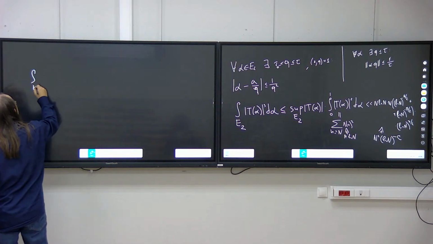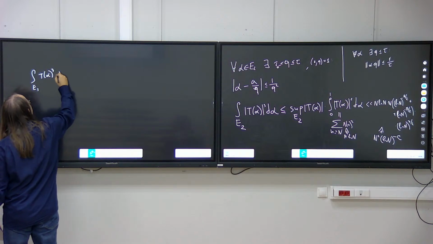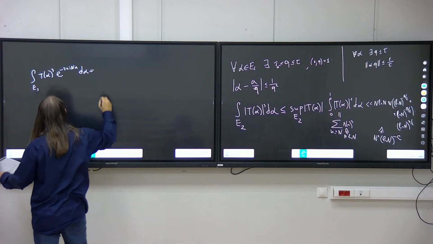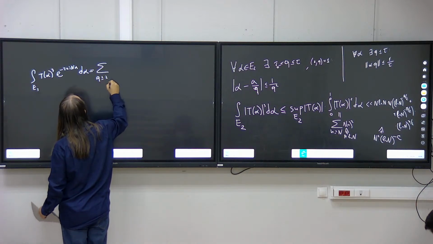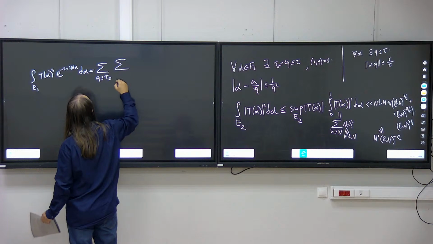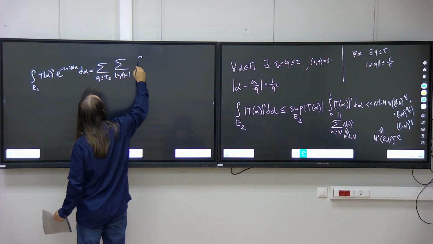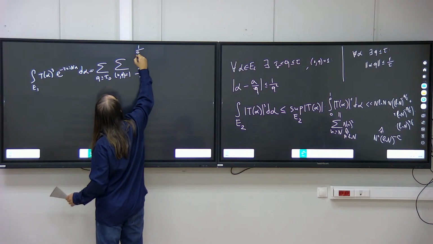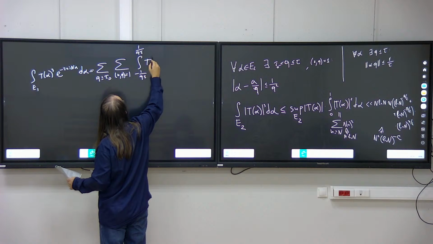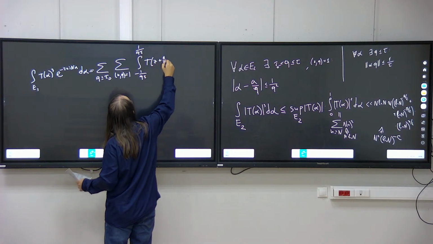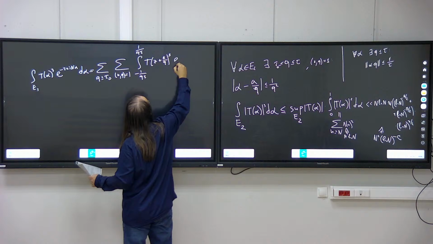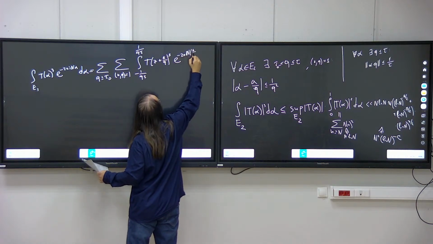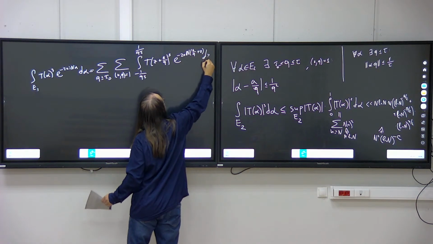The integral over E1 of t of alpha cubed e to the minus 2 pi i n alpha d alpha will be the sum over all q less than or equal to tau naught, sum over all a coprime to q, integral from minus 1 over q tau to 1 over q tau, of t of z plus a over q cubed, e to the minus 2 pi i n times a over q plus z dz.